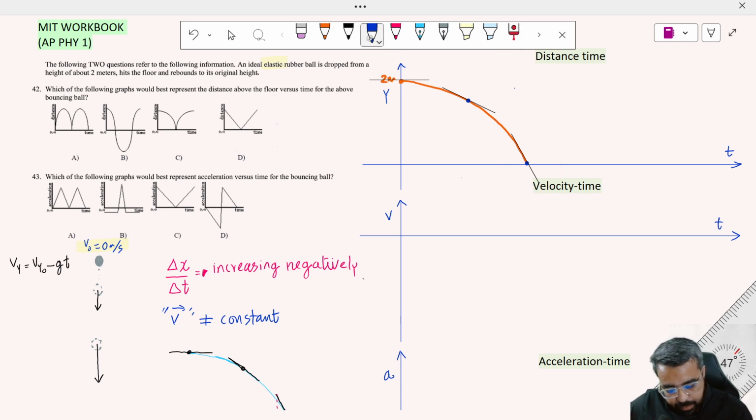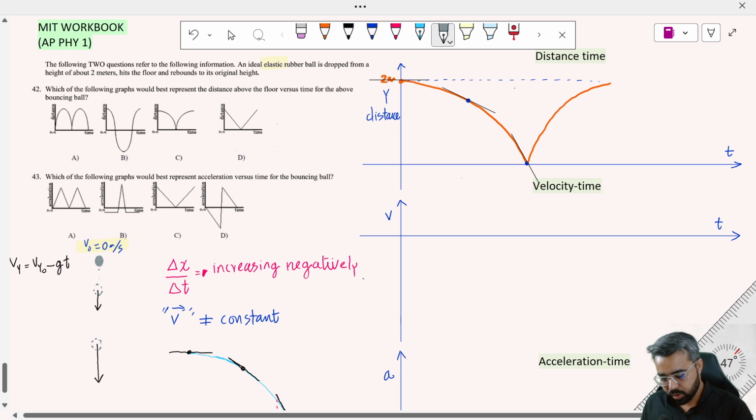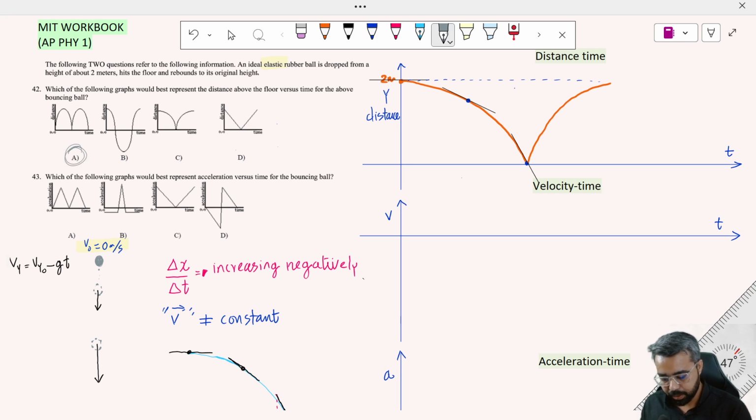Now this is the distance time graph, as clearly written in the question, which means the graph cannot go below the horizontal axis. The shape should be like this, and you notice it once again reaches 2 meters height. So this is the graph of the bouncing ball, and option A should be the right answer.